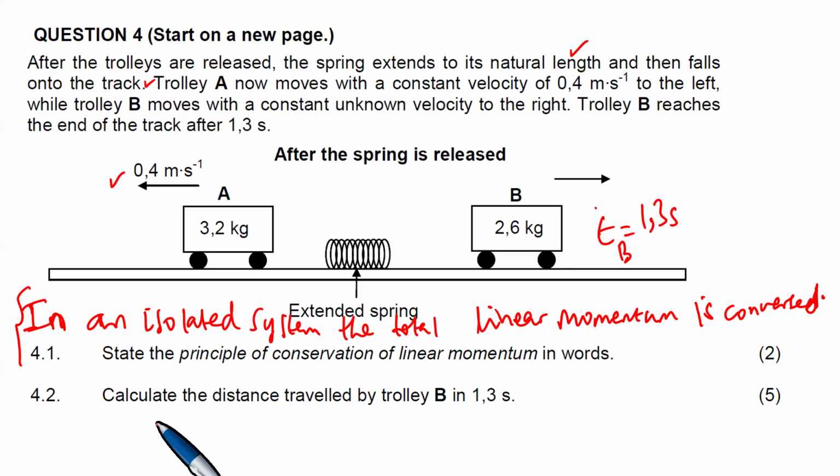Calculate the distance traveled by trolley B in 1.3 seconds, for 5 marks. Let me give you a chance.